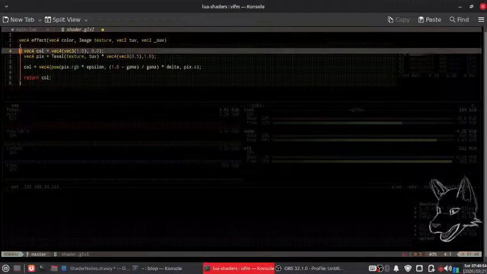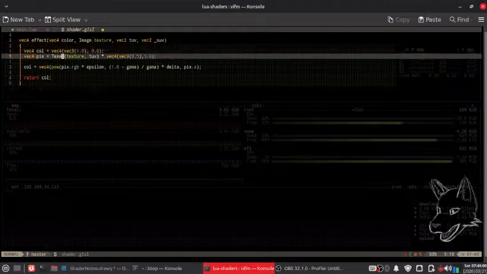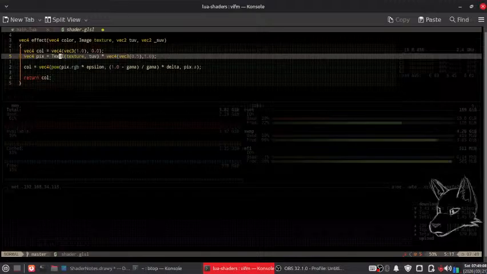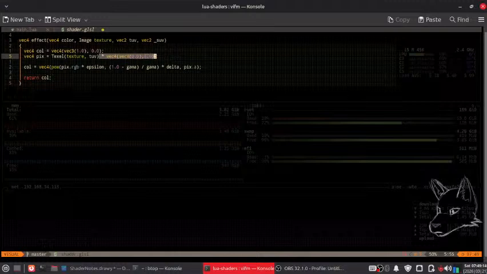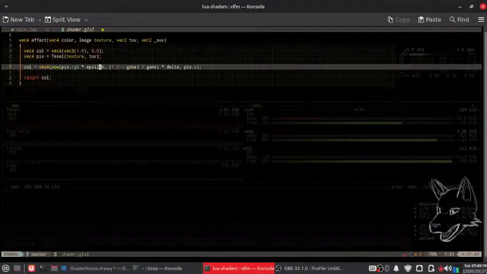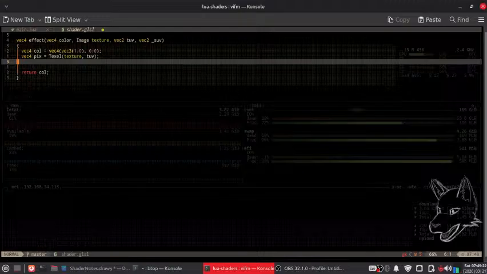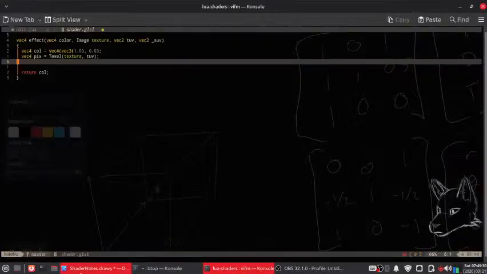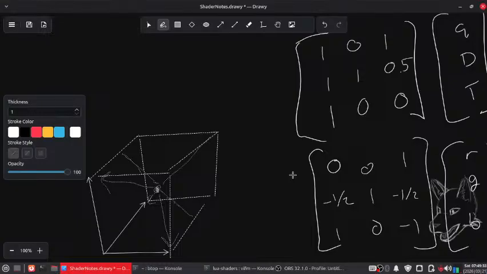We could do, let's just do Texel. Oh, we don't need any of this garbage, do we? We could do that, right? So what were they?